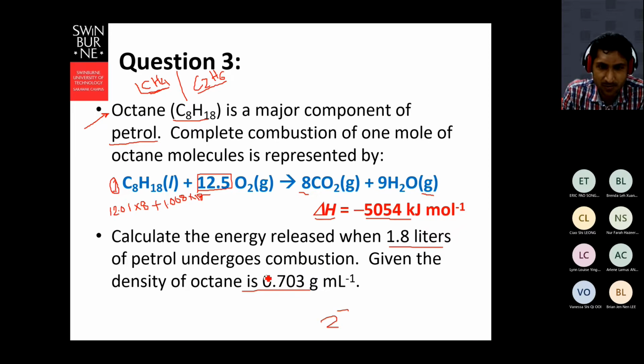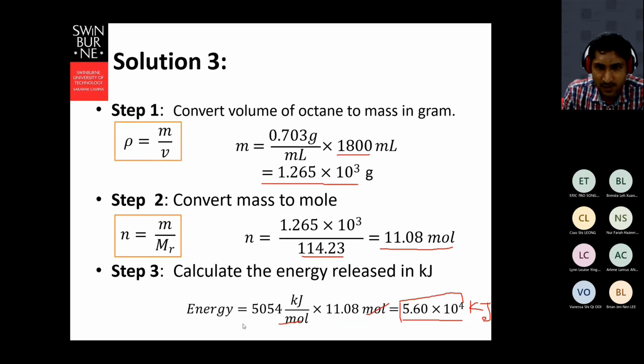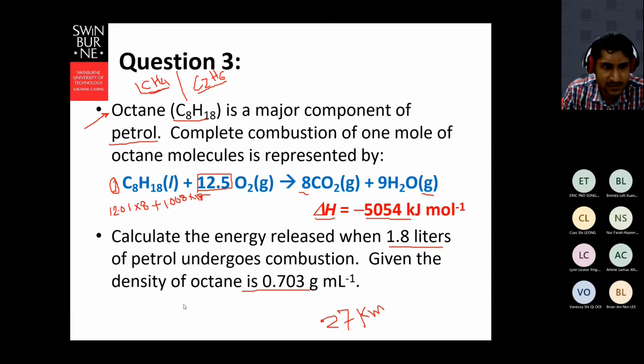It will run 27 kilometer, right? And so how many moles did we have? 11.08.